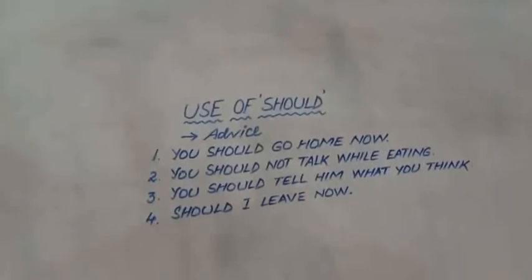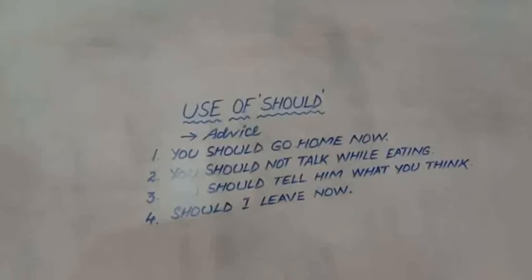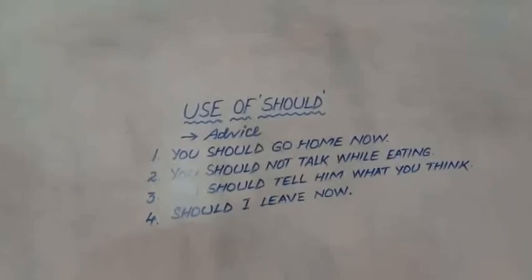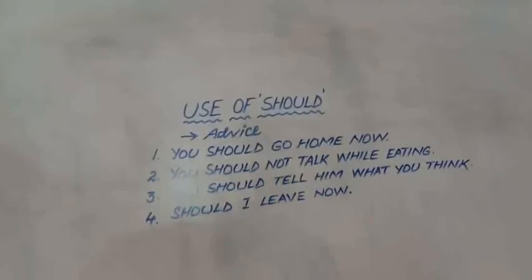Let's see the next example. You should not talk while eating. This is a piece of advice. I'm giving you a piece of advice that you should not talk while eating. Number 3. You should tell him what you think.